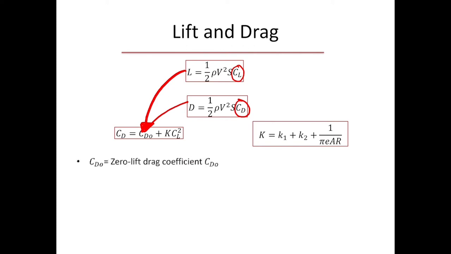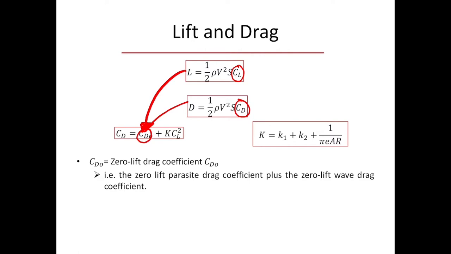So the CD and CL are, as I said before, related through the drag polar, and CD naught in this case is our zero lift drag coefficient. That is partly made up of the zero lift parasite drag coefficient and the zero lift wave drag coefficient if we do have any shock waves.